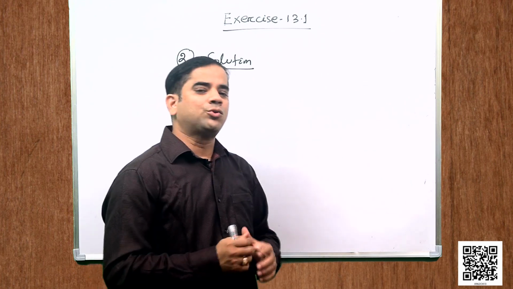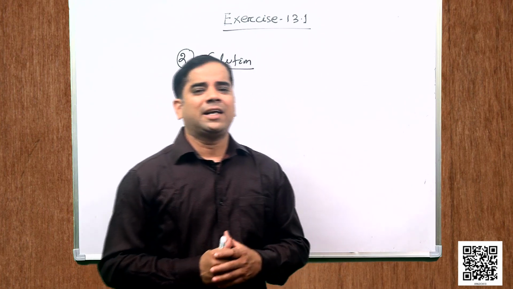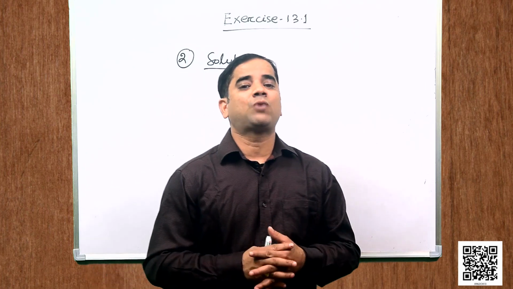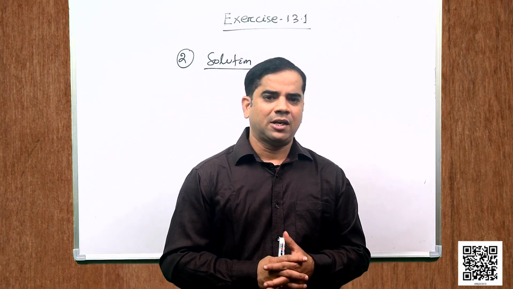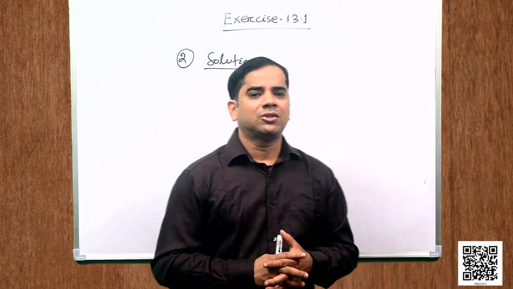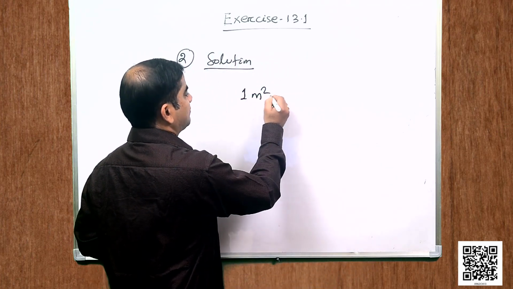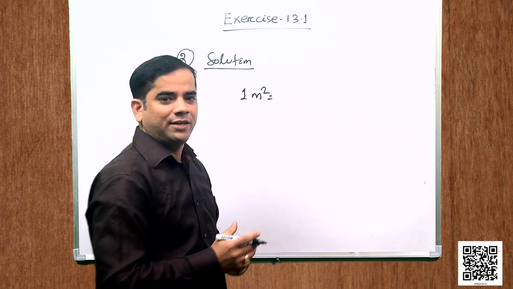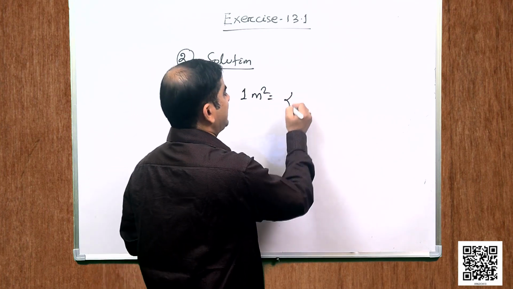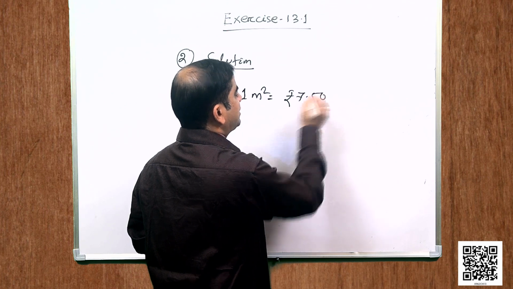Okay. Now students, we have found out that 74 meter square of area is to be whitewashed. Now we need to find out the cost. So cost of whitewashing is, for 1 meter square, as given in the question, rupees 7.50.